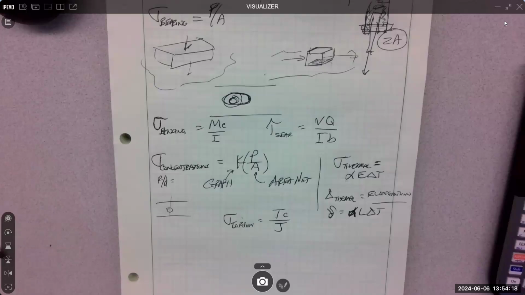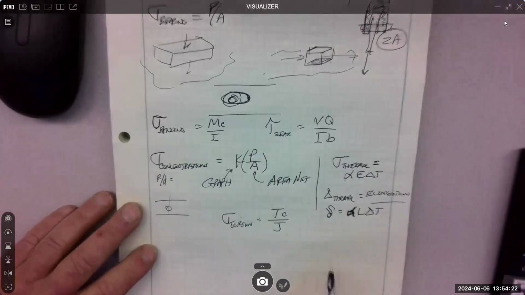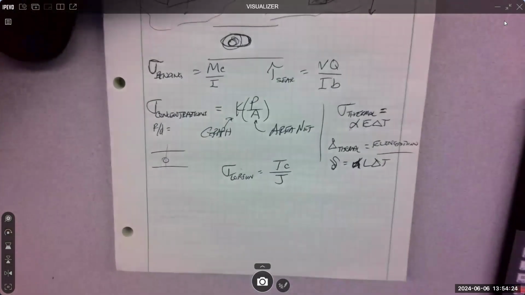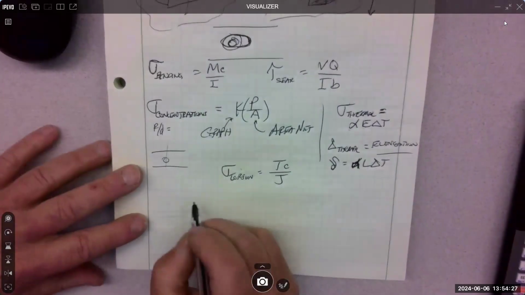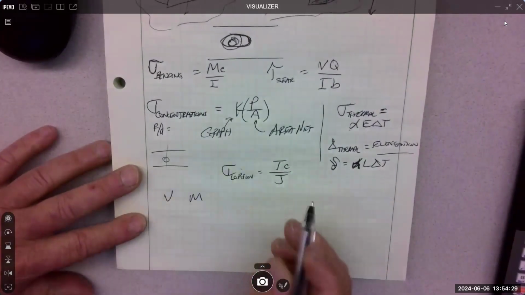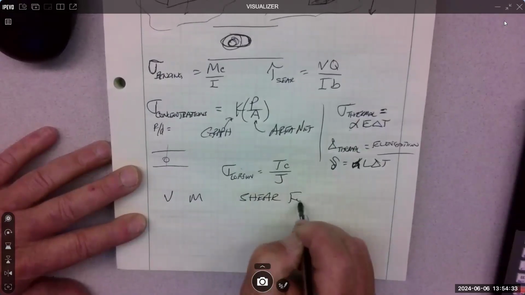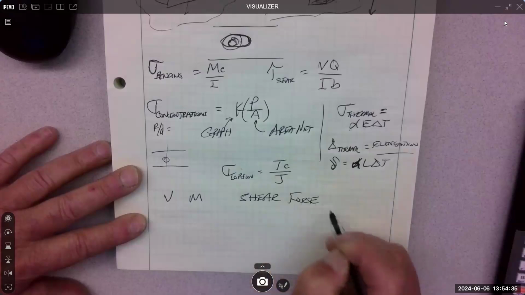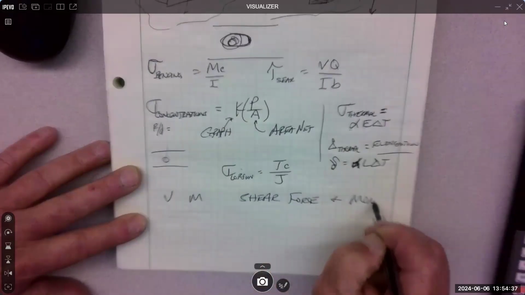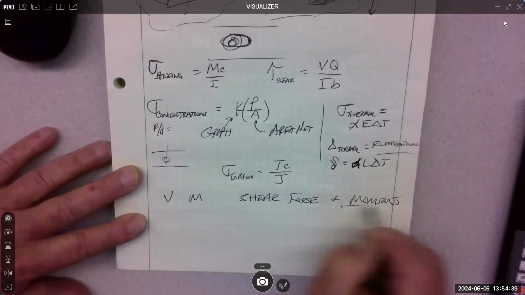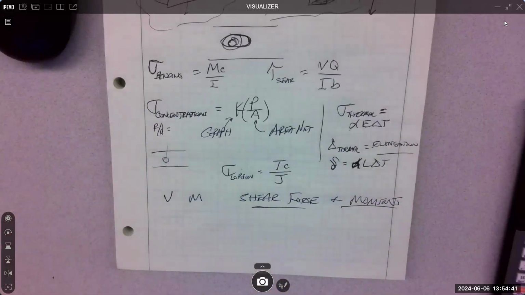Now we're getting into current stuff, right? Current stuff is chapter 13, where we did V and M, finding shear force and moment. This is where students can really waste time.